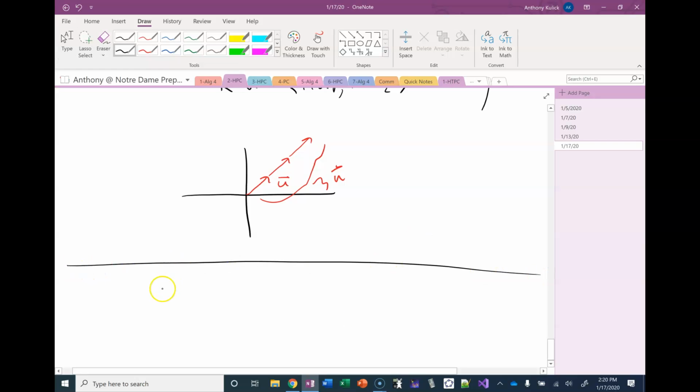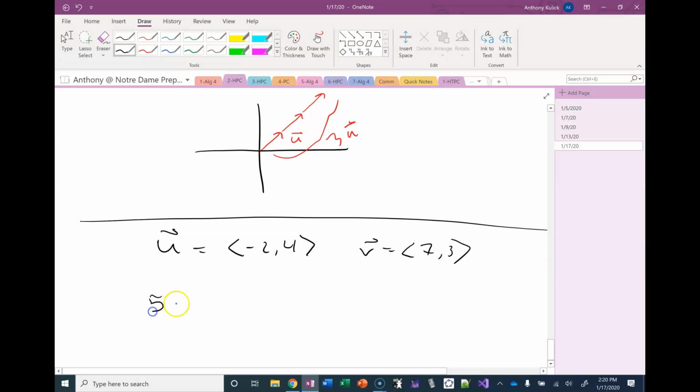All right, so let's say I have the vector U and the vector V. And I want to do 5V plus negative 3U.